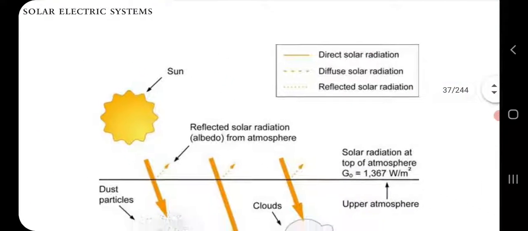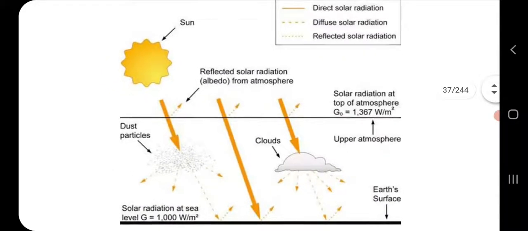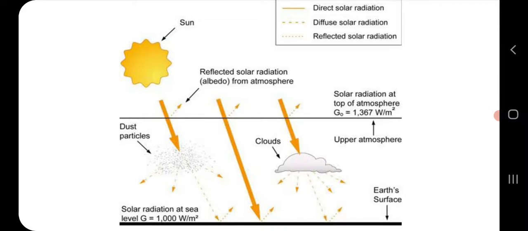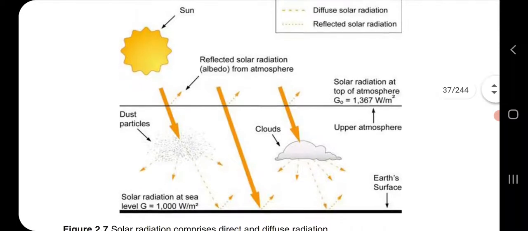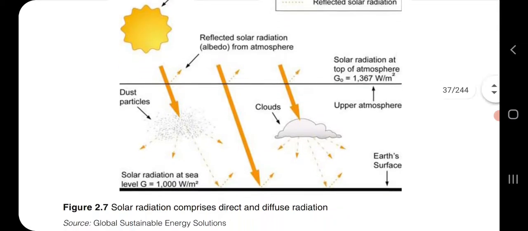Now we will go to this particular diagram. If you see the diagram carefully, the sun is emitting rays, and some are reflected from the outer surface of the earth. Some are reflected inside, where dust particles, gases and clouds either reflect or absorb them, and some amount of radiation gets absorbed at the earth's surface.